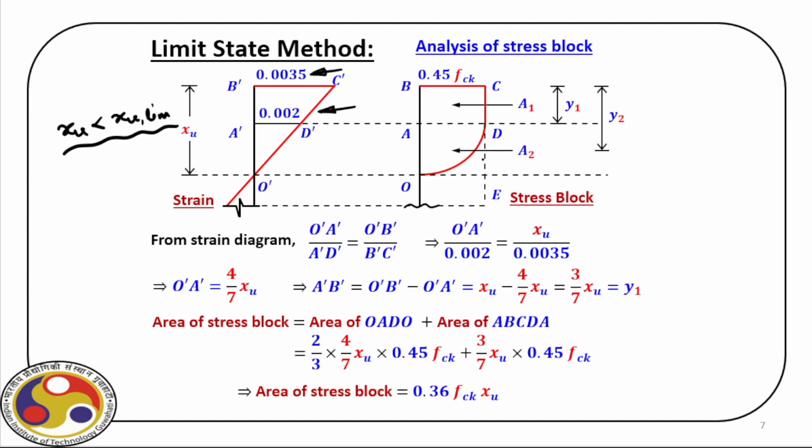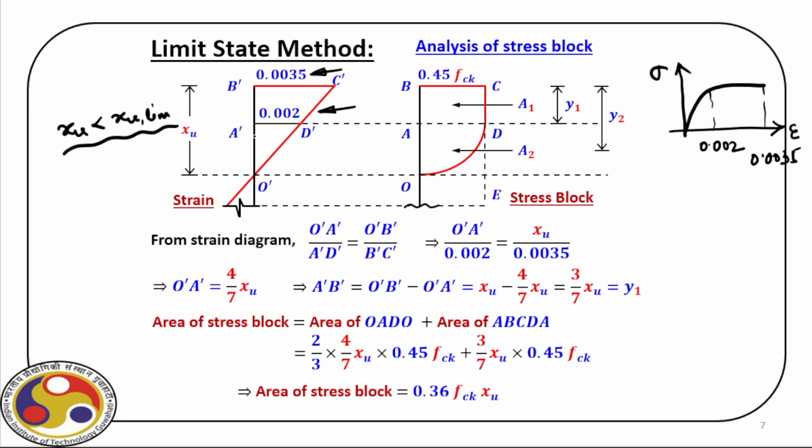Earlier we had stress versus strain something like this, and this value is 0.002 and this value is 0.0035. Now this is stress versus strain.